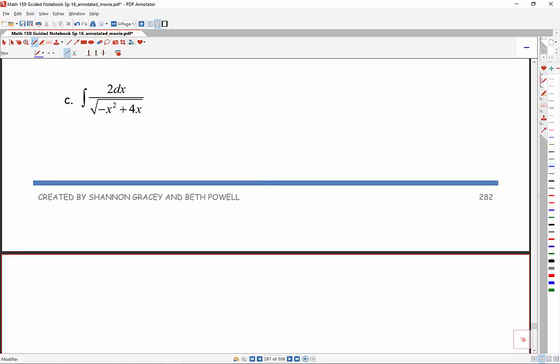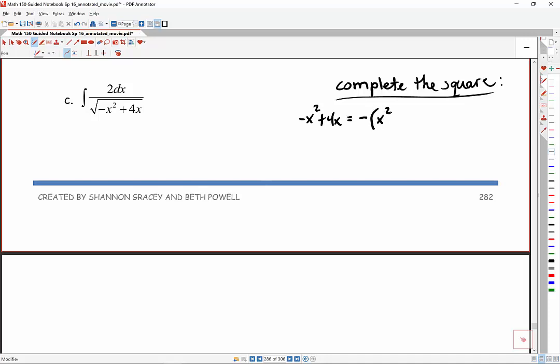Well, this one sort of seems to be crying out for completing the square, right? So let's try to complete the square on this and then see how it shakes out. So, negative x squared plus 4x equals negative... I'm factoring out the negative, so inside the parentheses we'd have x squared minus 4x, leaving a space, right?